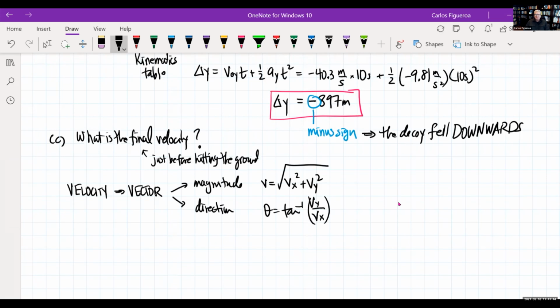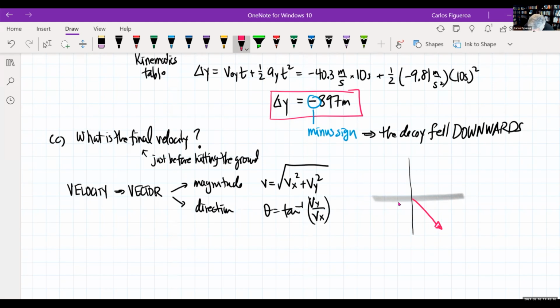So what are we expecting here? Well, if this is the ground, and we're thinking in terms of an axis right here, I would expect the projectile to be pointed downwards like this.